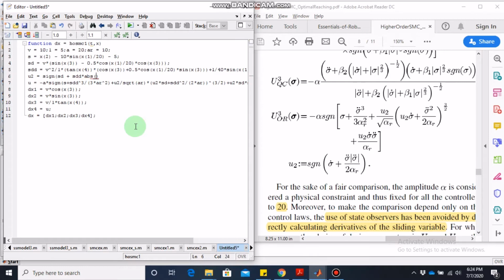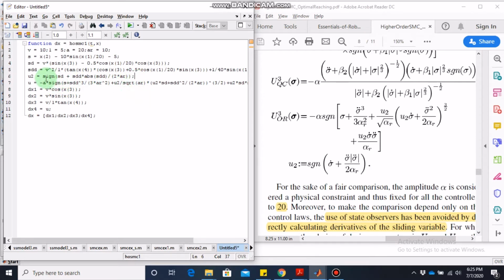The function for absolute value in MATLAB is ABS SDD and divided by 2 times alpha r, and that completes the equation for u2, which is sine of the first derivative of sliding surface plus second derivative of sliding surface times the absolute value of the second derivative divided by 2AR.